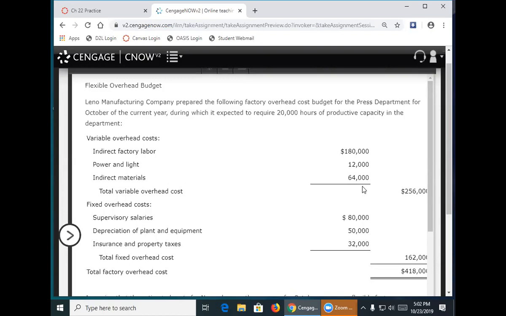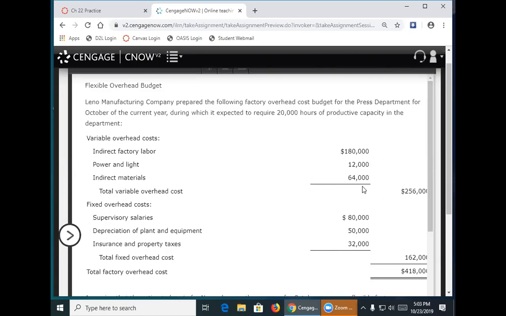So power and light is 60 cents per hour. And then our last variable is indirect materials. And it is what, 64,000 divided by 20,000, or $3.20 per hour. Okay.